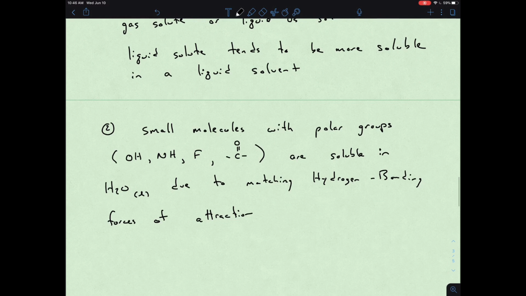But we have to be careful with that idea of the small molecule. As you increase the number of carbons within a molecule, you start to see a decrease in that solubility.